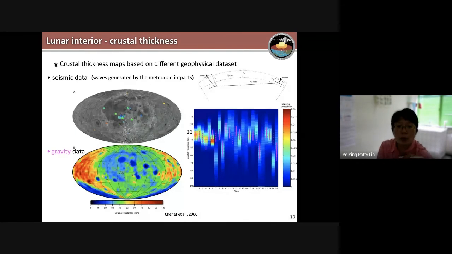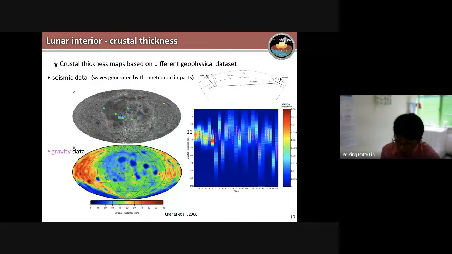Here I quickly show the result for the crust thickness. The upper one shows the result from seismic data, and the lower one the result from gravity. And the comparison is here. You can see that their results are very consistent, and it's about 30 kilometers thick.